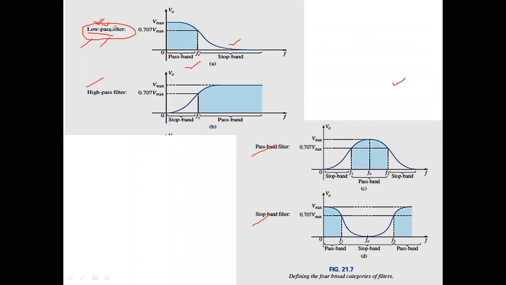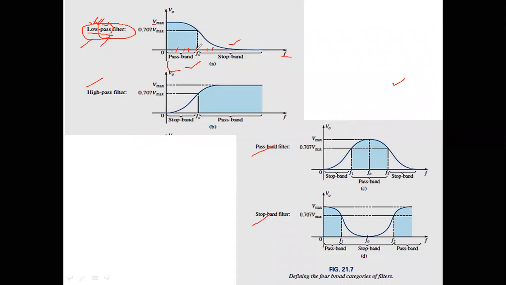Low pass filter means it will pass the low frequencies, and definitely it will block the higher frequencies. Here is a graph for the low pass filter, voltage against the frequencies. These are the low frequencies, meaning low values of the frequencies, and as soon as we are moving here, the frequencies are going to increase.